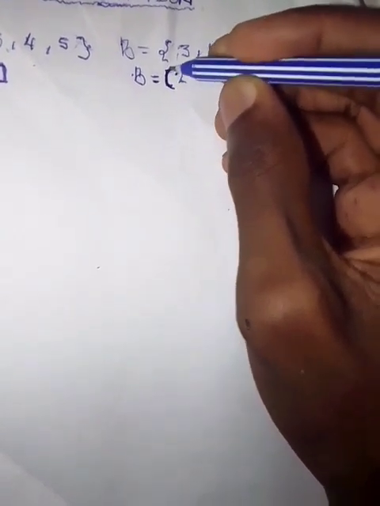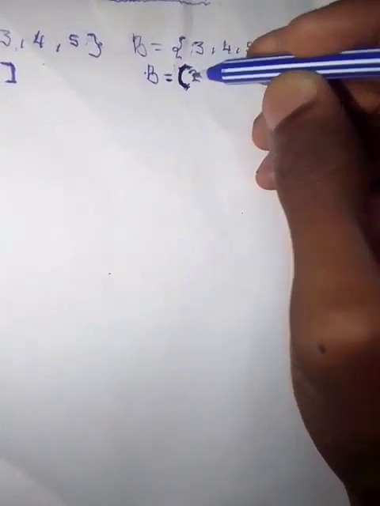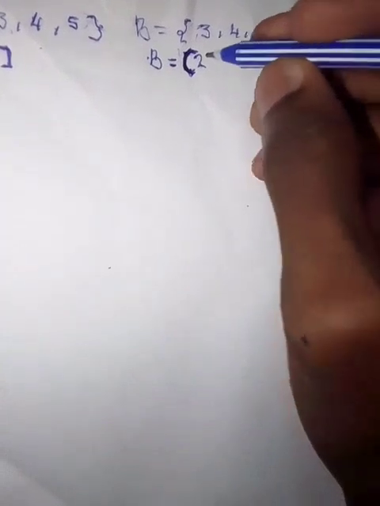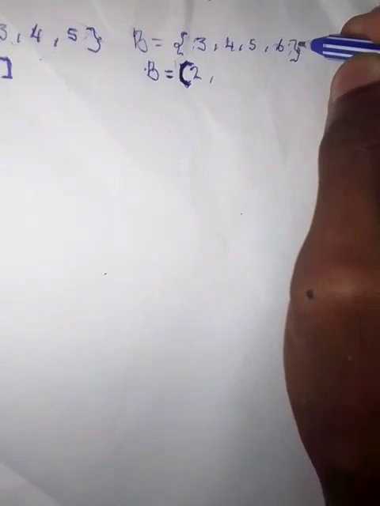When you're writing a number that is not part of the set, you use a single parenthesis, like this. Don't use the square bracket, or you get it wrong. And instead of ending at 6, you can go further to 7.